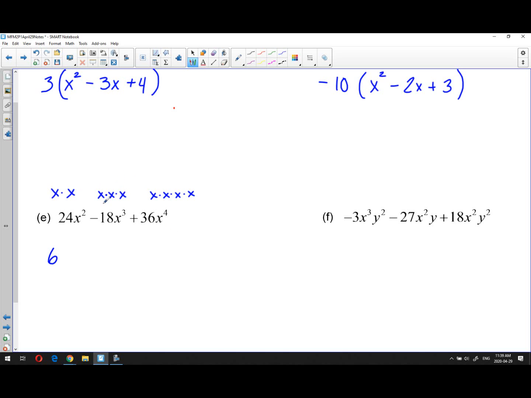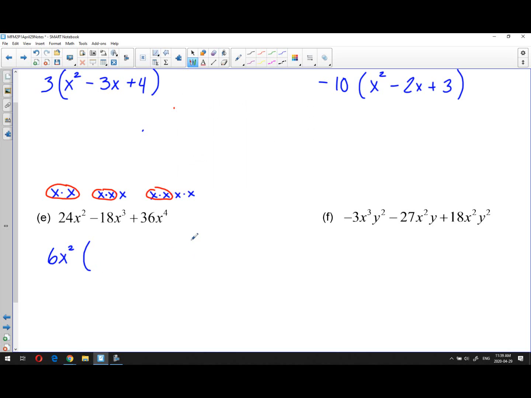Like this group has 3 x's, and I can take 3 x's away from here, but I can't take 3 x's away from there. So the largest number of x's that I could remove from all groups is 2 of them. So that means my greatest common factor is x squared.